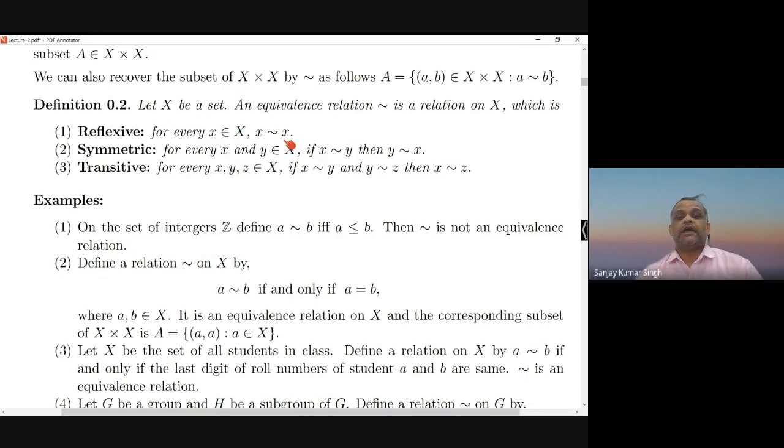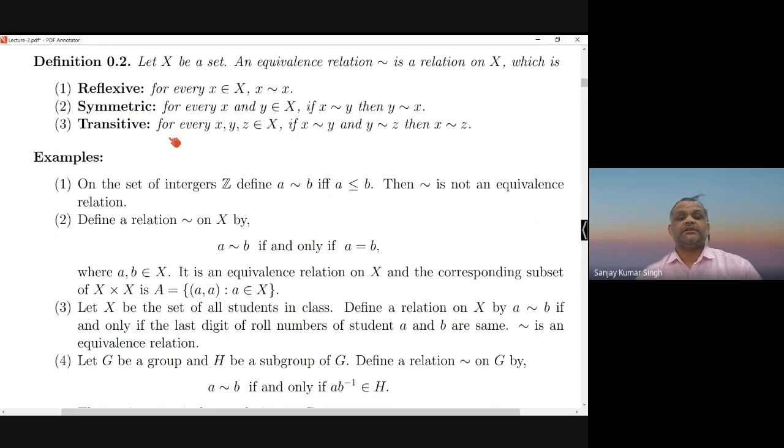If so, then (x, x) is always an element of the set A. Symmetric means for every x and y, if x is related to y, then y should also be related to x. And the third property is called transitive.